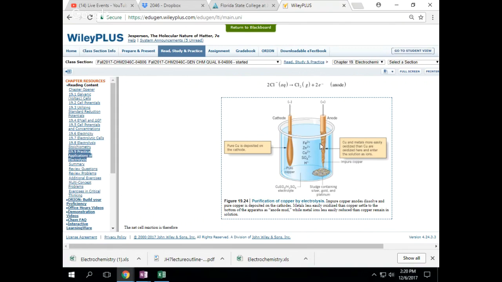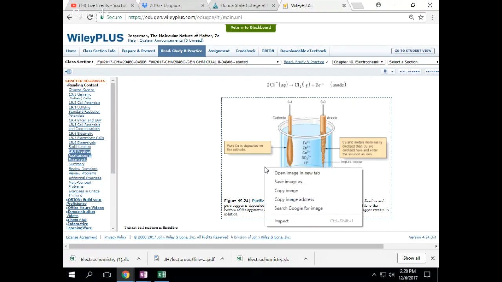And the copper ions are attracted to the negative pole, and they deposit on the surface. It just happens that then the copper is dissolving and forming the copper ions. But the other metals that are impure tend to form a sludge at the bottom. They tend not to go into solution as well because it takes a lot more energy to make them into ions. Let's think about that for a second.